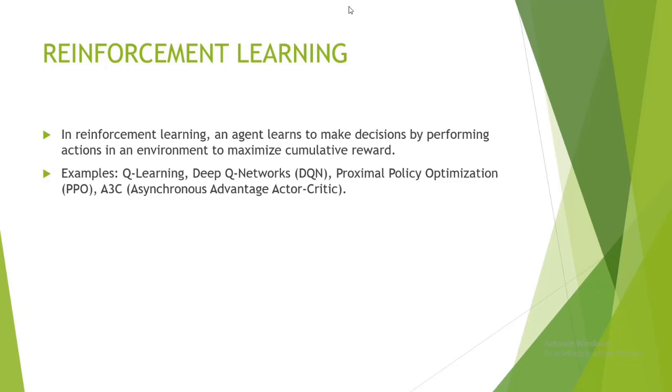In reinforcement learning, an agent learns to make decisions by performing actions in an environment to maximize cumulative rewards. Based on the rewards, decisions will be made again based on the cumulative rewards. Examples are Q-learning, deep Q-networks, proximal policy optimization, and asynchronous advantage actor-critic.